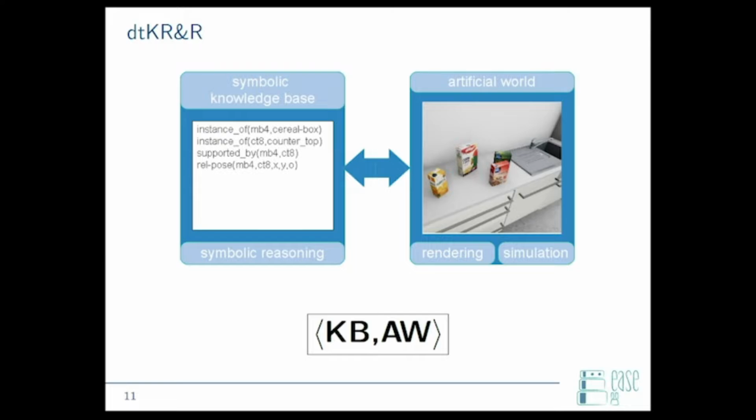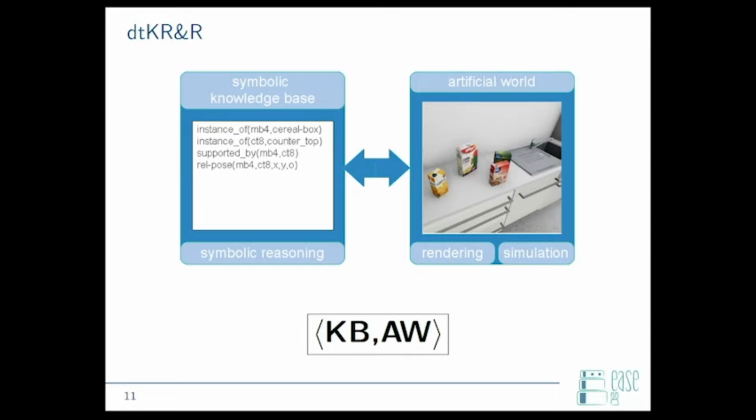And of course, we want to have both strongly coupled to each other, which means each of the symbolic assertions in the symbolic knowledge base is true in the artificial world, and every relation in the artificial world is also represented in the symbolic knowledge base.